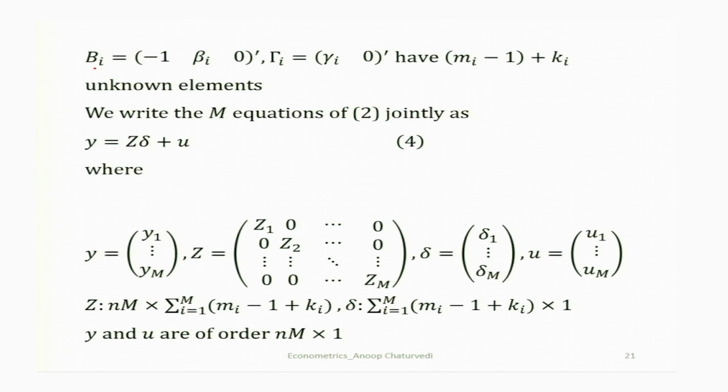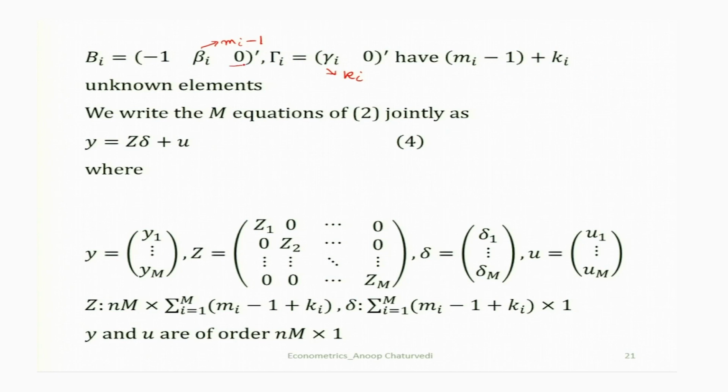Now, here capital B_i is equal to (minus 1, beta_i, 0). This beta_i has small m_i minus 1 parameters involved in it. Further, capital gamma_i is equal to (gamma_i, 0), and this gamma_i has k_i parameters, and therefore, the total number of parameters is small m_i minus 1 plus k_i. So, this is the total number of unknown elements.